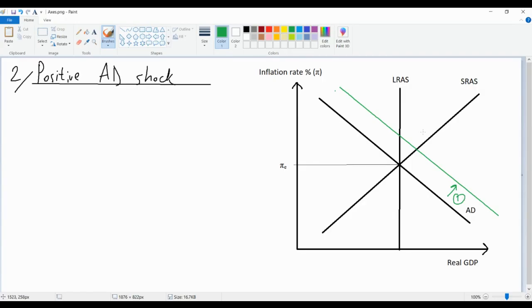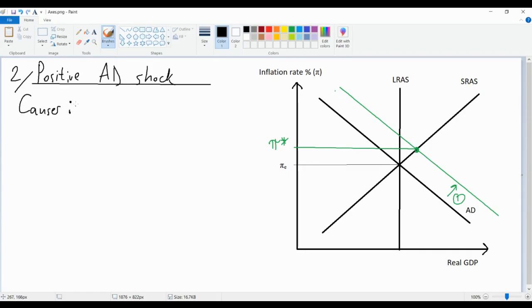If that happens, then everything is kind of the reverse from what we had before. We have equilibrium inflation that's higher than what was expected, and we have GDP that's a bit higher than potential as well. What could cause this?